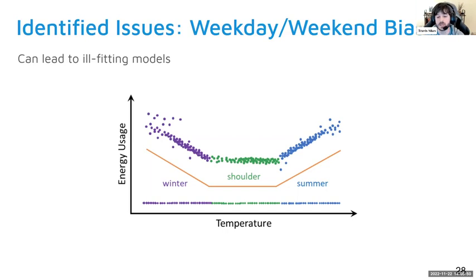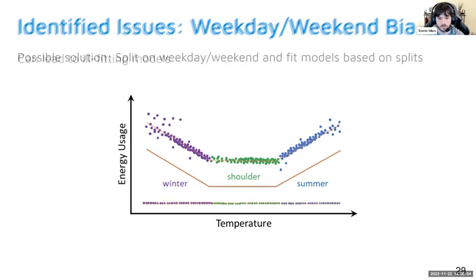Now, if we use the same solution as we did with the seasons, next slide, then you can basically say, okay, we're going to keep all of the seasons together, except we're going to break apart the days based upon weekday and weekend. And if we do that, you end up with your characteristic heating degree day, temperature independent region, and cooling degree day on the upper plot, which represents all of the weekdays.